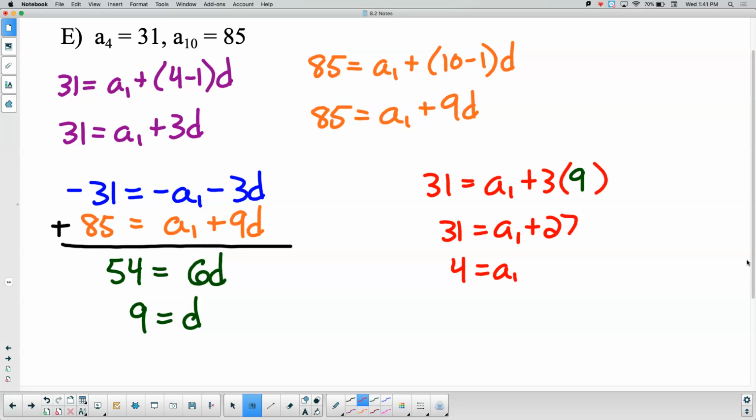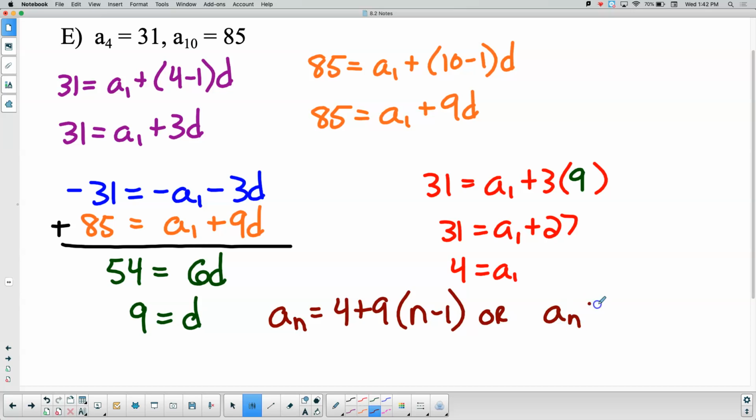So then my rule would be 4 plus 9 times the quantity n minus 1, or 9n minus 5.